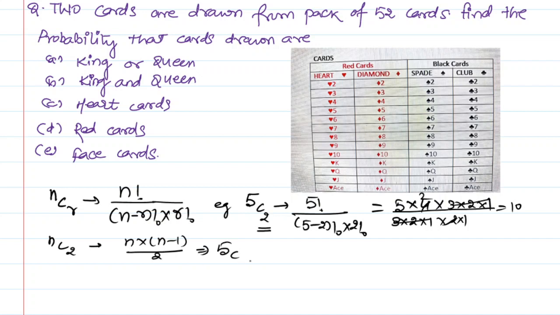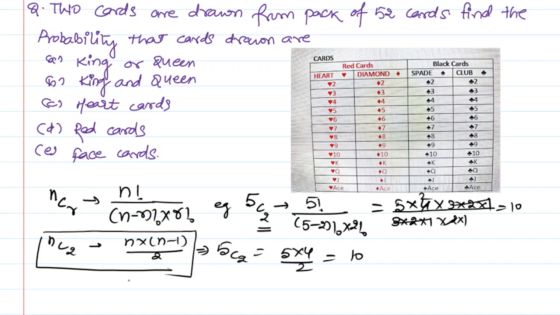So 5C2 is nothing but 5 into 4 upon 2. 5 4s are 20, divided by 2 is 10. So this particular concept we are going to use whenever I'm drawing 2 from n. So it's n into (n minus 1) upon 2. As our question is based on drawing of 2 cards, this formula is going to be very beneficial for us.